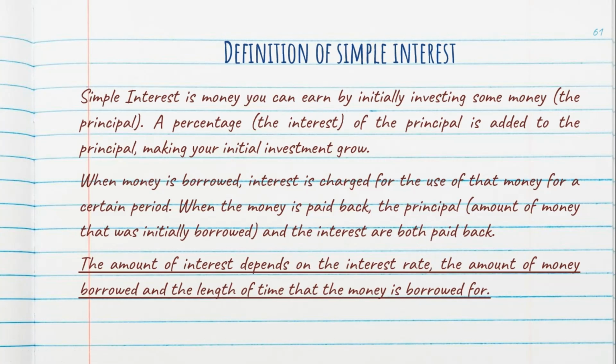When money is borrowed, interest is charged for the use of that money for a certain period of time. When the money is paid back, the principal amount that was initially borrowed and the interest are both paid back. The amount of interest depends on the interest rate, the amount of money borrowed, and the length of time that money is borrowed for.